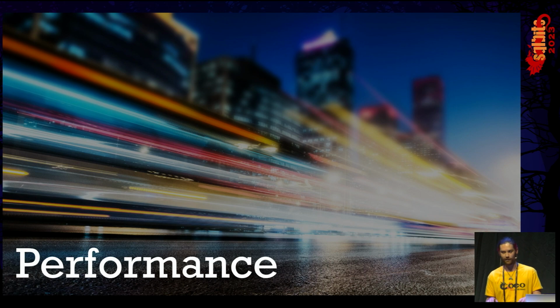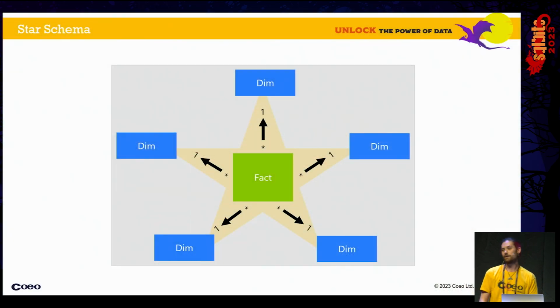The part we're going to dive straight in with is the most important thing to get right, and that is your model. In general, the first thing we look at when thinking about performance is the model. We would generally be looking for something following a star schema pattern, which is a very common pattern. There are a few reasons why we lean towards it.